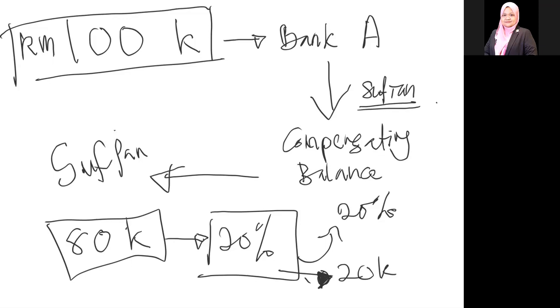Since Sufian has no other choice, he just parks the 20% of his loan and withdraws the balance, which is the 80,000 ringgit. So these are the reasons.